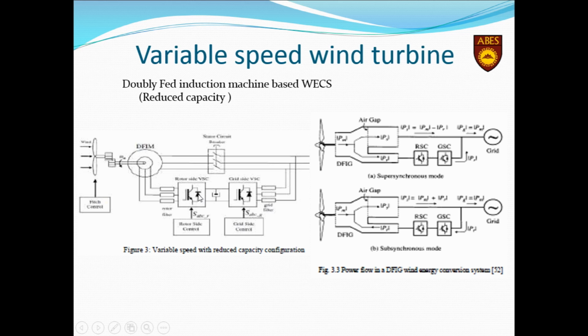Now these two converters are operated as per the need of the wind speed or the voltage, if that varies according to the load or any faulty conditions or some problems when they occur. So these are the two converters on which the rotor power is controlled, and they play a very important role in the power conversion from the DFIM.